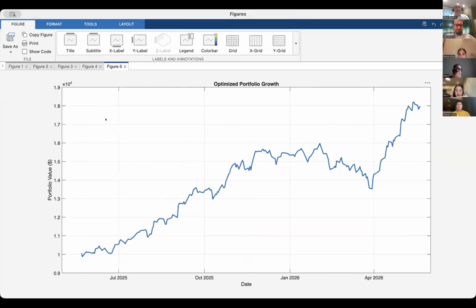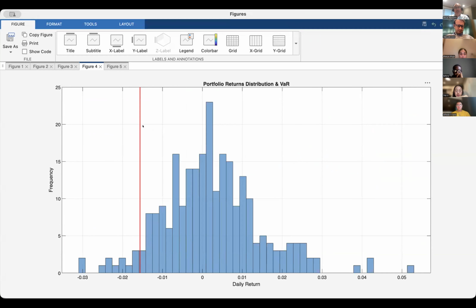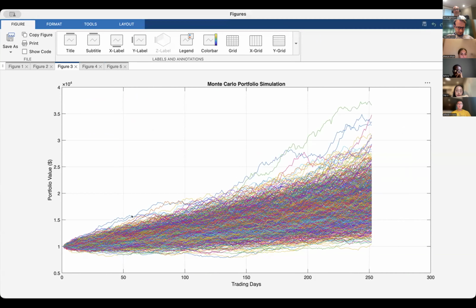Okay, let's continue. We said we still have two more pictures. This one is actually the distribution of daily returns of the portfolio, and this bright line is the value at risk we just calculated. Picture 3 is the Monte Carlo portfolio simulation.